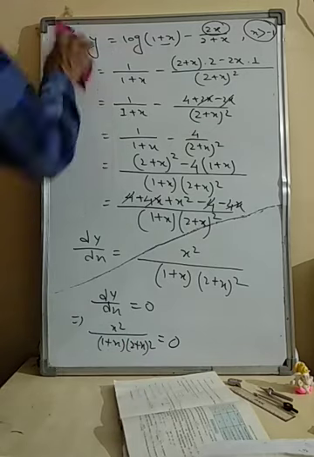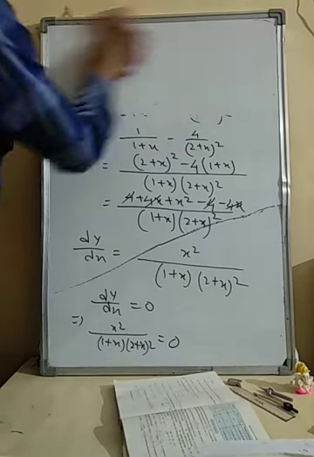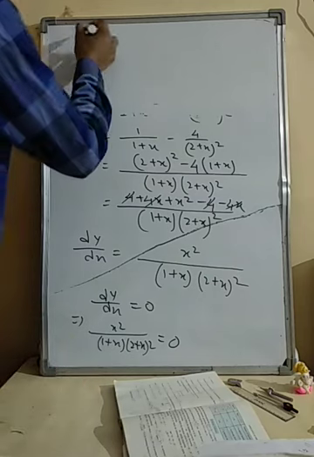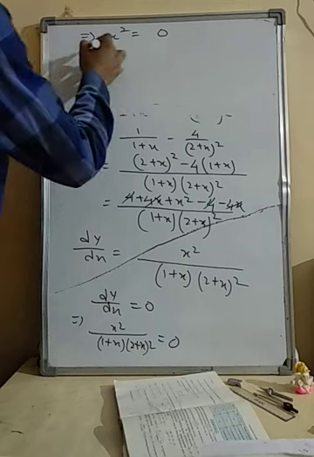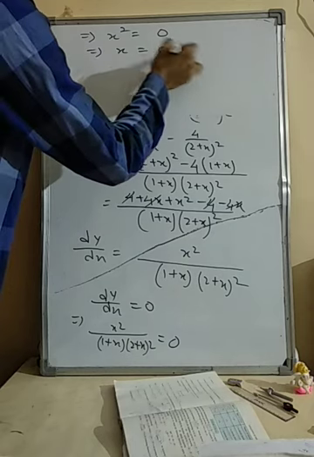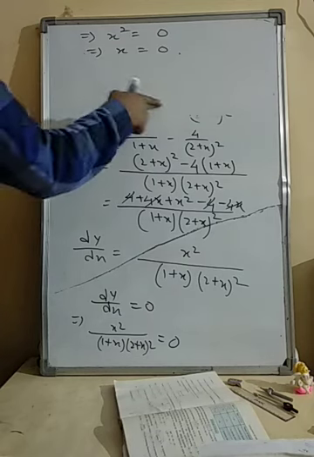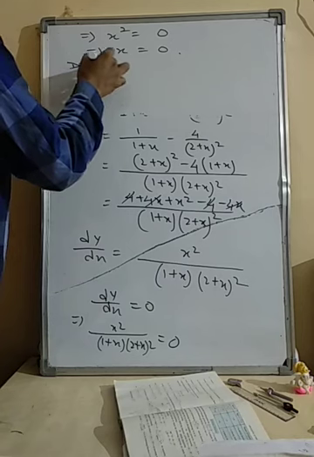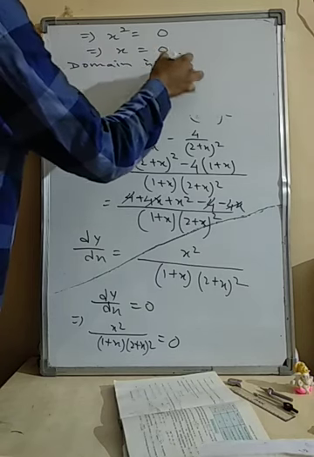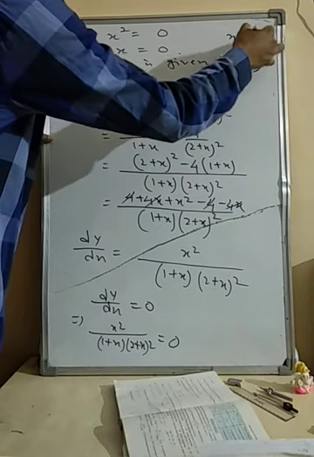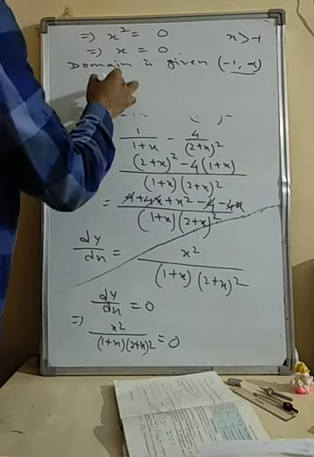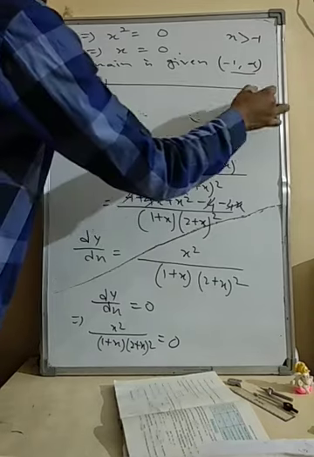If I cross multiply, x square equal to 0. So x square equal to 0 means x equal to 0. So my domain is given, minus 1 to infinity, because it is given x greater than minus 1. So my interval is only minus 1 to infinity.